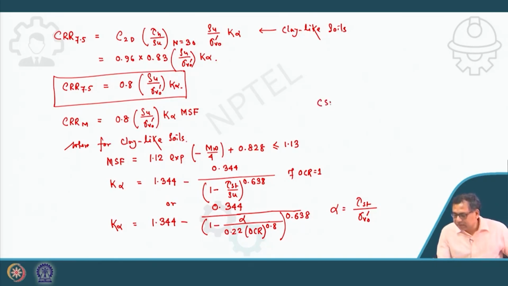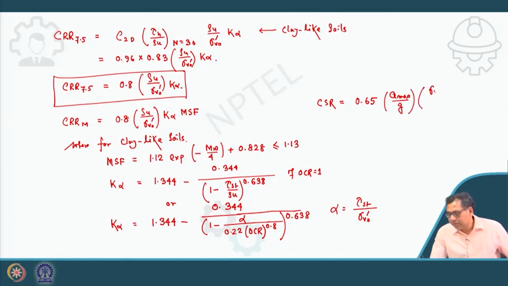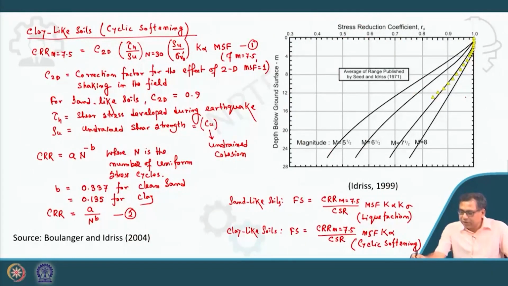Here CSR is equal to 0.65 times a_max/g, times sigma_v/sigma_v' times r_d. But when you calculate r_d, you should use this chart, because that is the recommendation by Boulanger and Idriss, where the effect of earthquake magnitude on r_d is also incorporated.